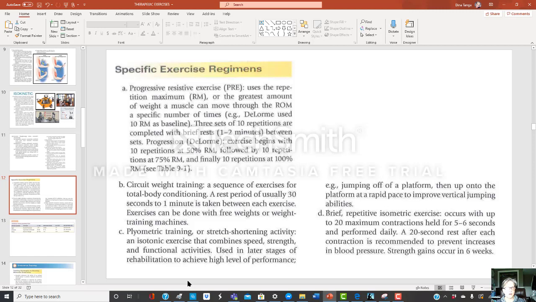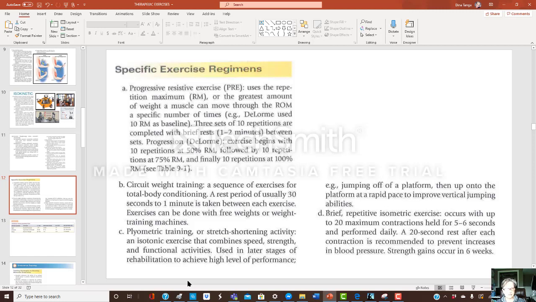So, if I'm reading this correctly, Delorme used a 10 repetition maximum as a baseline. So 3 sets of 10 reps are completed with brief rest periods, 1 to 2 minutes between sets.